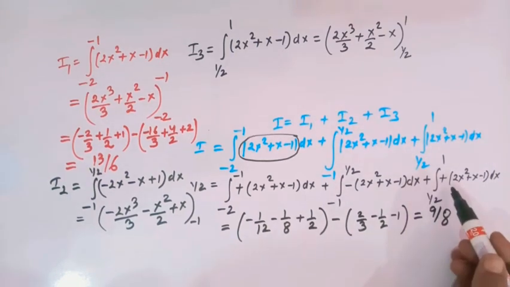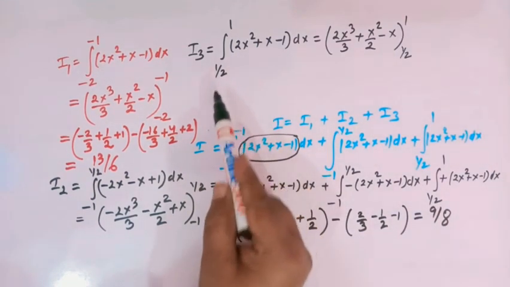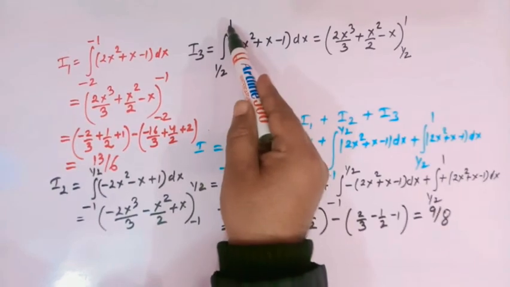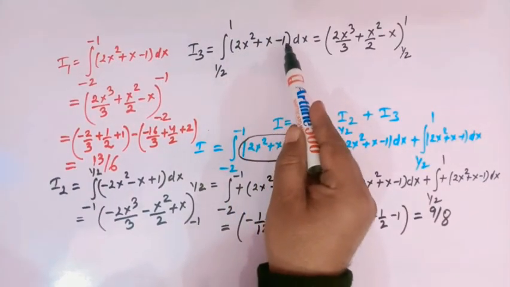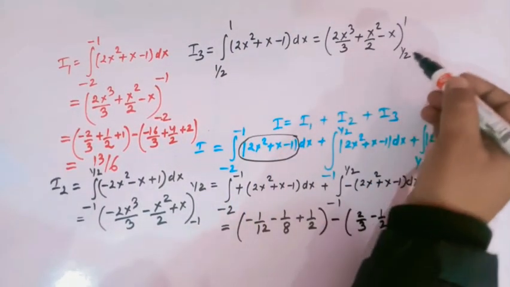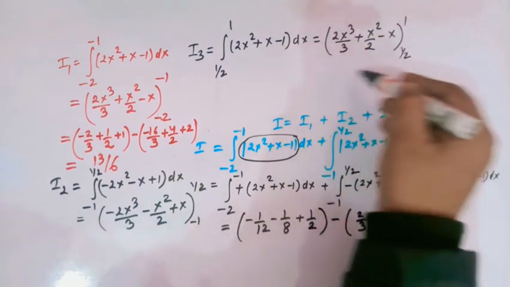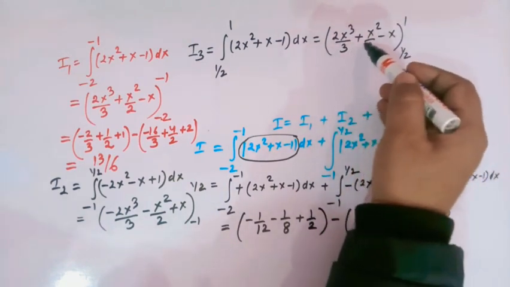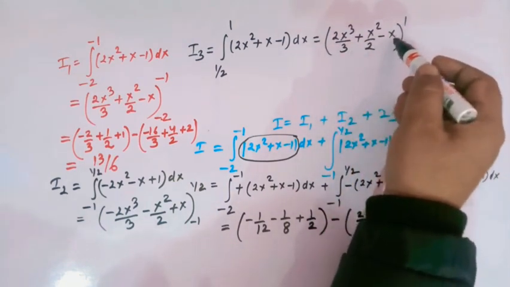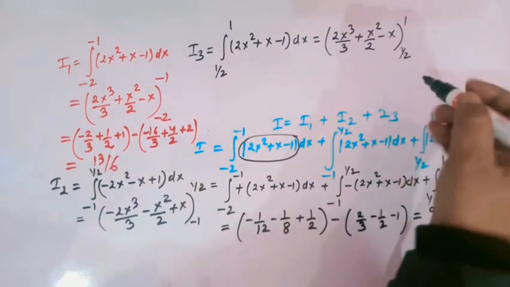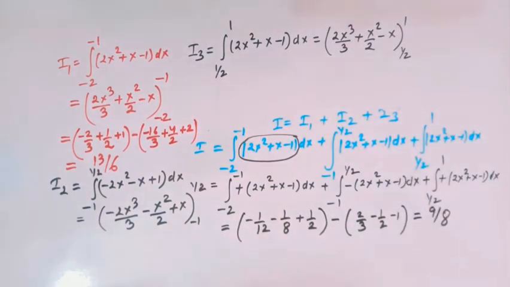Now similarly, I3 can be written as the integral from half to 1 of 2x square plus x minus 1 dx, and we can write this expression as 2x cube over 3 plus x square over 2 minus x, and the limits are from half to 1.